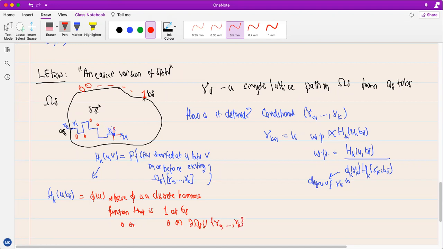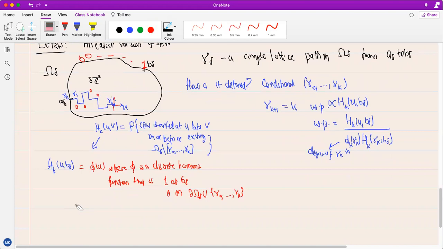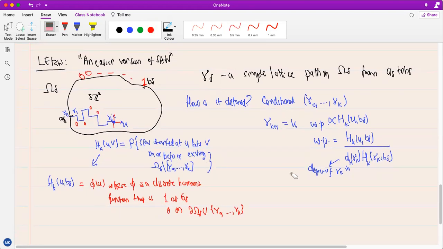There also you put 0. And then you find the value of the harmonic function at u. That is your h_k of u b delta. Is this okay? It's a little complicated looking definition. This used to be called Laplacian walk also, I think. So is there any question about the description here?